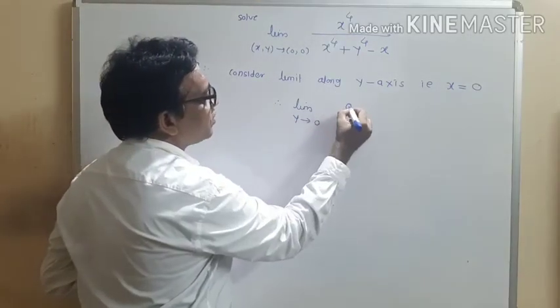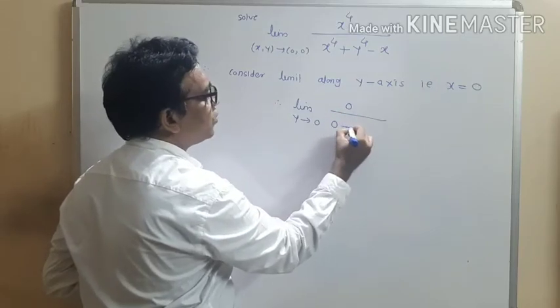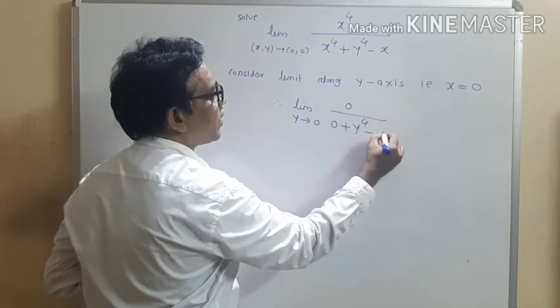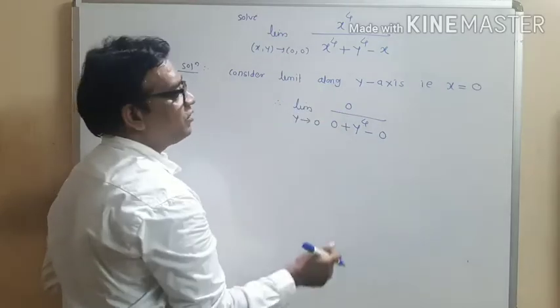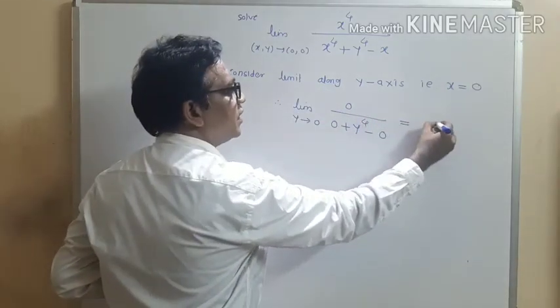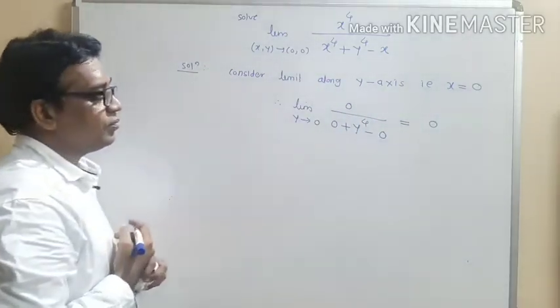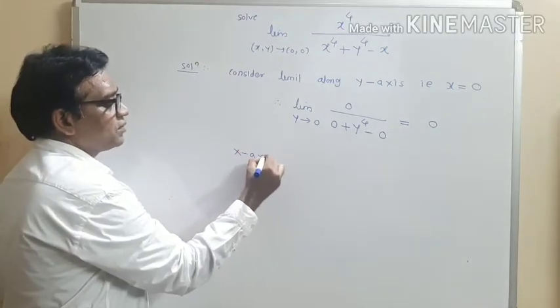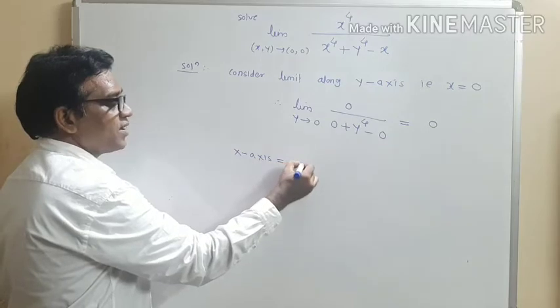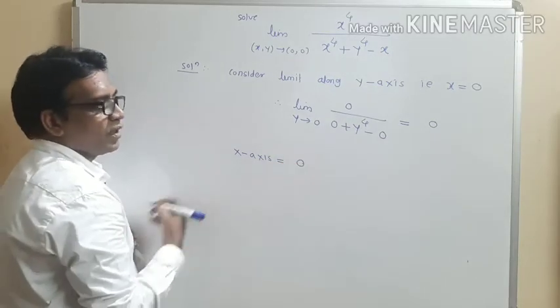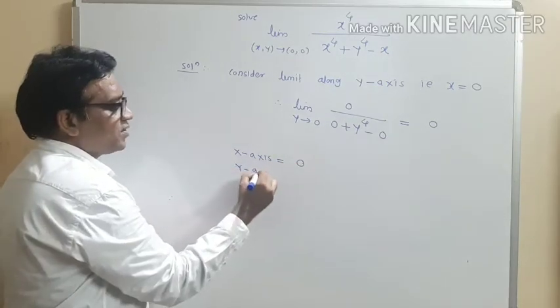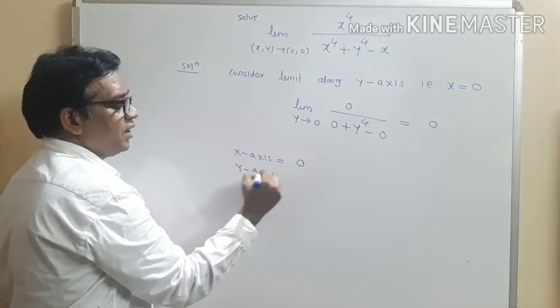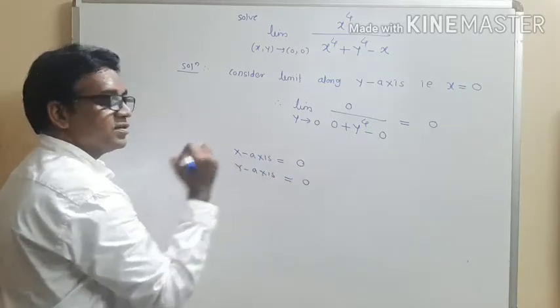Put x equal to 0 in the given function. This is 0 upon 0 plus y raised to 4 minus 0. So obviously it is again 0. We have found the limit along y-axis, it is again 0.